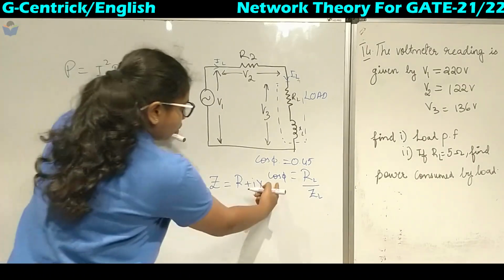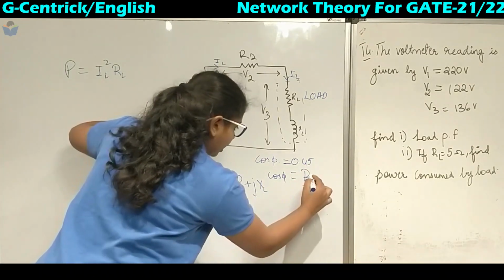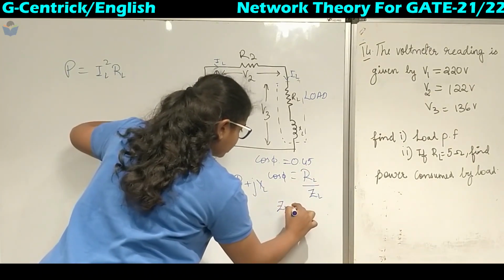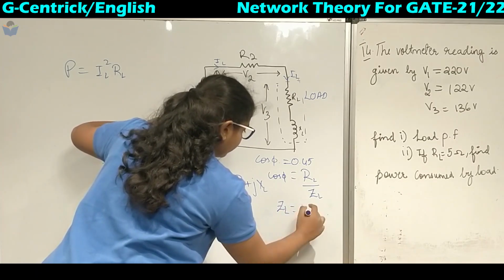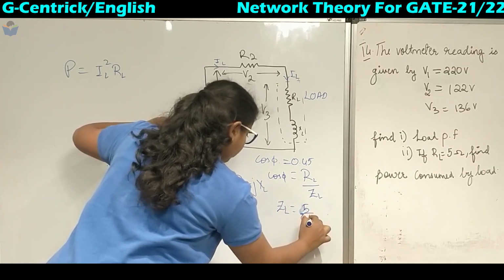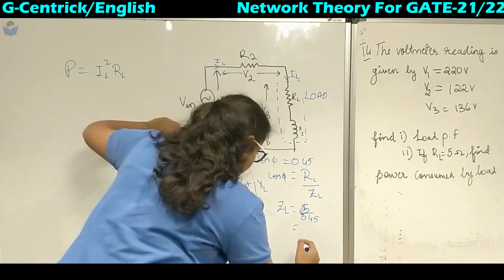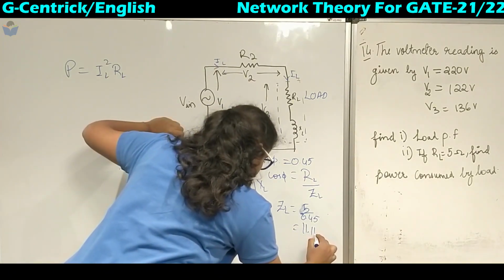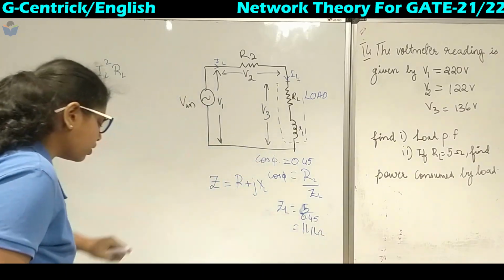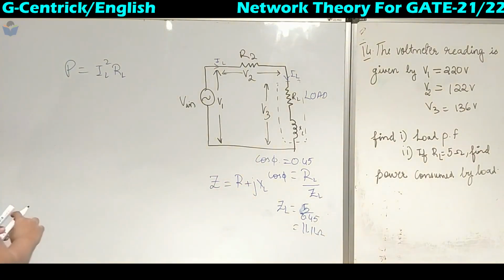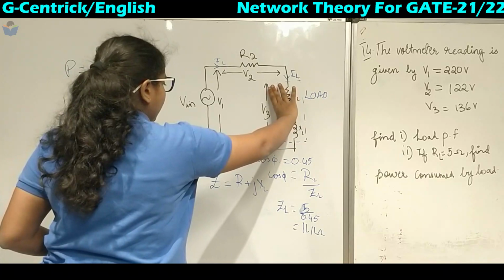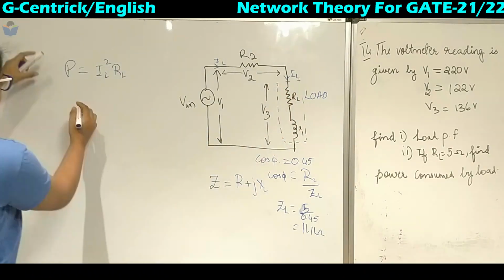So cos phi we know 0.45, RL we know, so I can find ZL. It is 5 upon 0.45, so I will get approximately the value of ZL as 11.11 ohm. Now to get the IL load, what can I write?